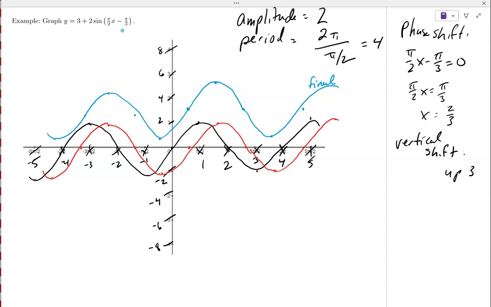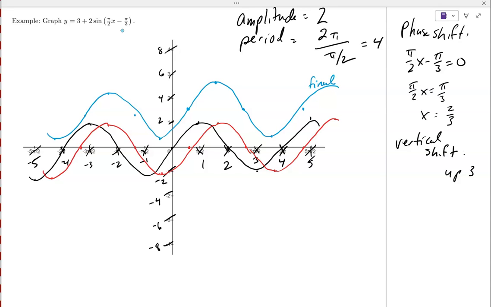Again, on your exam on Friday, I will ask you amplitude, period, phase shift, vertical shift first, and then ask you to graph it. So when you see a problem, there'll be 5 parts to it.